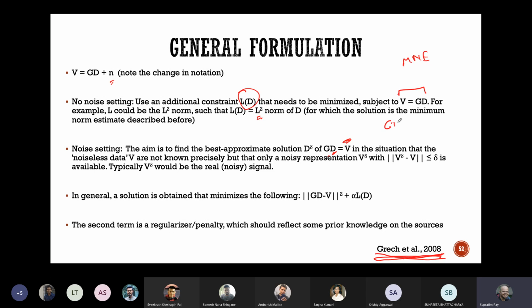So remember, GD minus V is an estimate of the noise in the system. V minus GD is an estimate of the noise. So I could actually have a formulation like this, where this is the noise and this is that operator that I was trying to minimize. And now instead of just trying to minimize this, which I was doing when the noise was assumed to be 0, I try to find a solution which minimizes the whole thing.